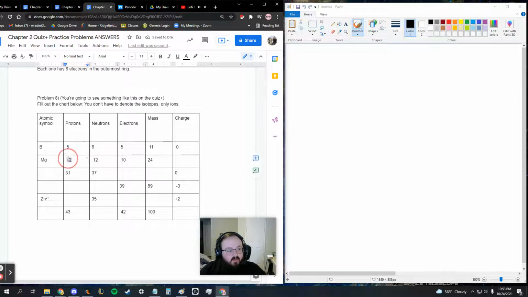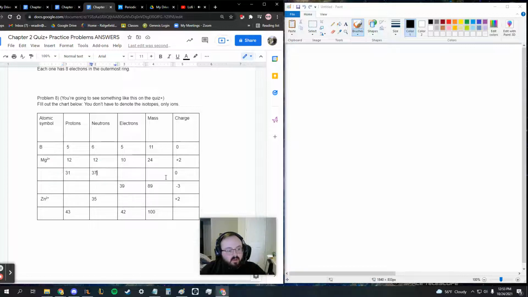Now, we have 12 protons, 10 electrons. I've been doing this math repeatedly throughout this study guide. Right here, we have 12 protons, 10 electrons, gives us a +2 charge. So I'm actually going to go back here and write in, this is a 2+ ion.